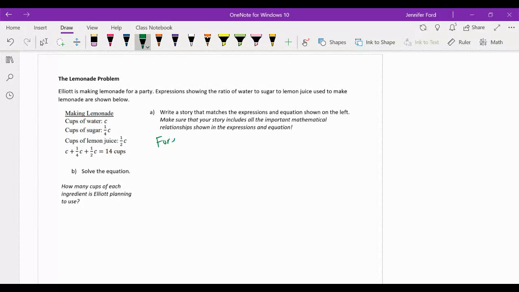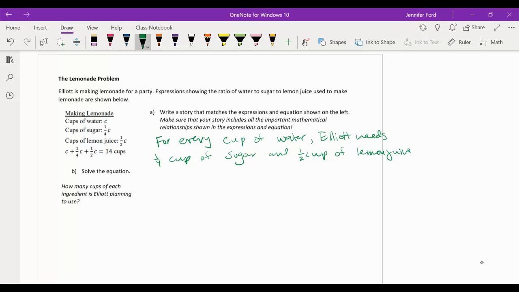For every cup of water, Elliot needs 1/4 cup of sugar and a half a cup of lemon juice. She is making 14 cups total.